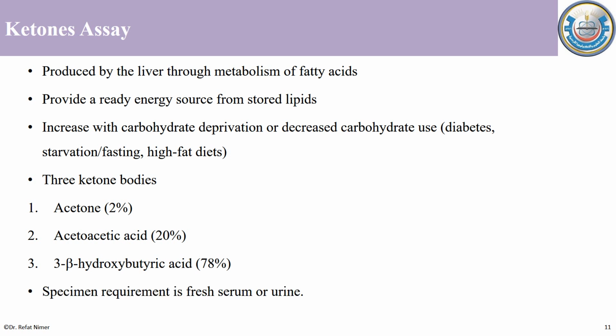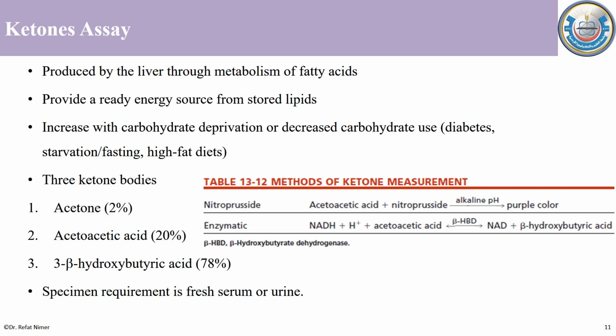You can measure the ketone bodies in fresh serum or urine. The method could be nitroprusside, which reacts with acetoacetic acid in alkaline pH to form a purple color, or an enzymatic method using NADH with acetoacetic acid and the enzyme beta hydroxybutyrate dehydrogenase.